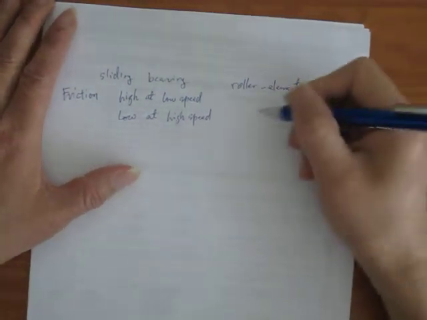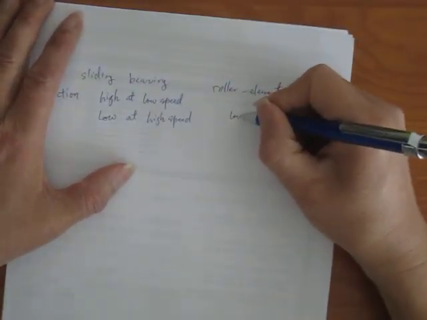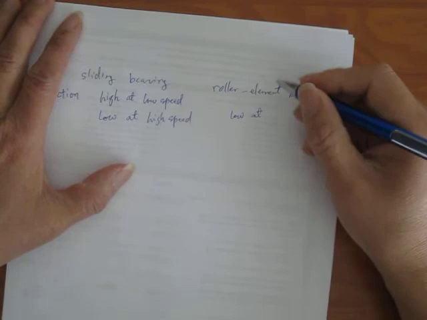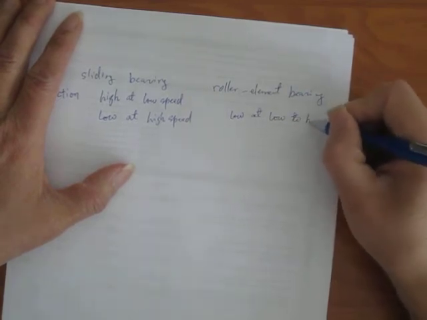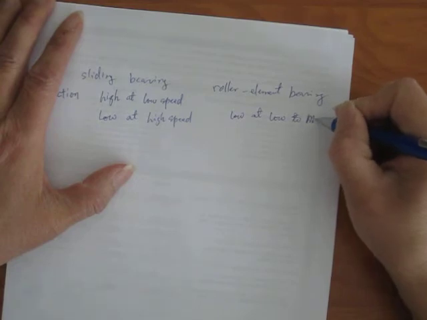And this one, rolling element bearing, is low at low to medium speed.